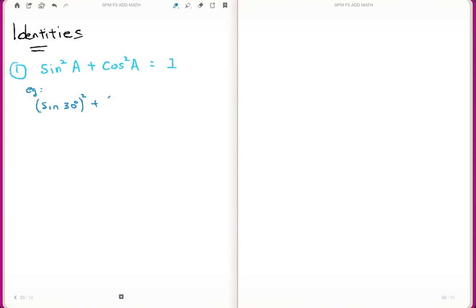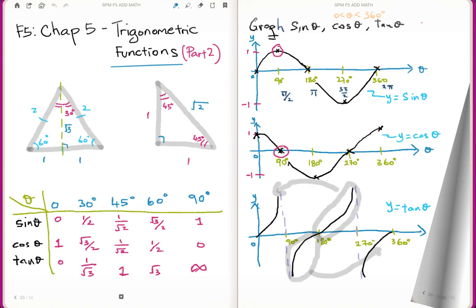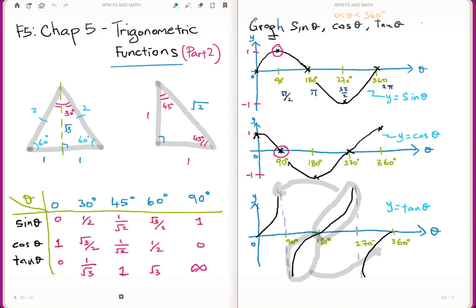Plus cos squared of the same angle. Let's find out what this number is. Based on our standard angles I've shown you earlier, sine 30 is half, and cos 30 is root 3 over 2.